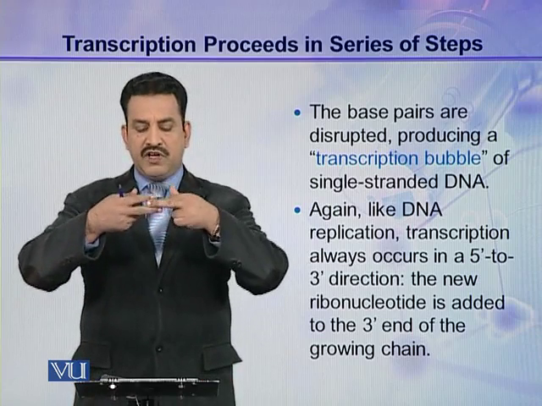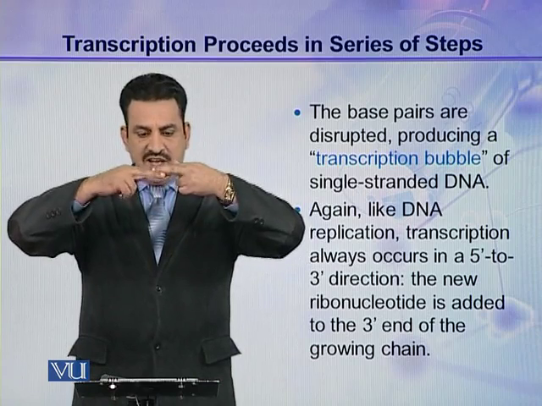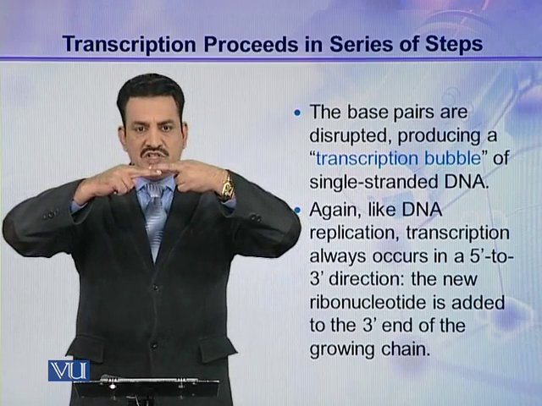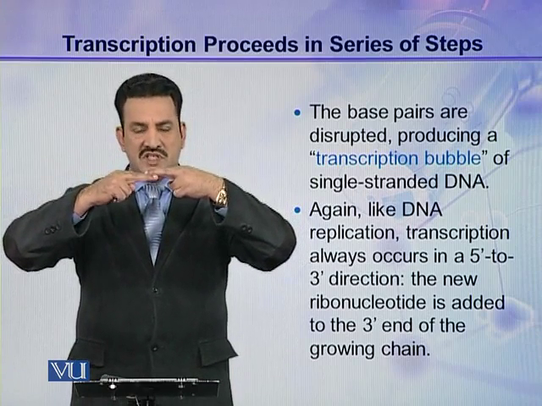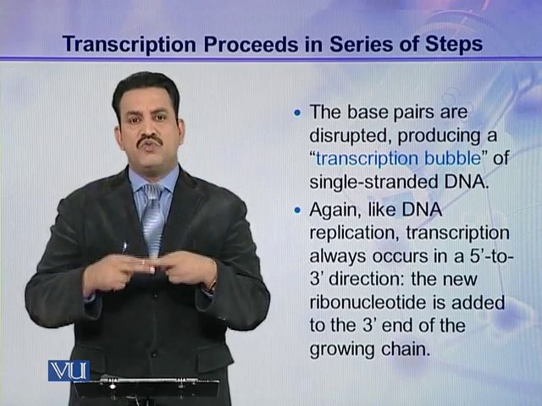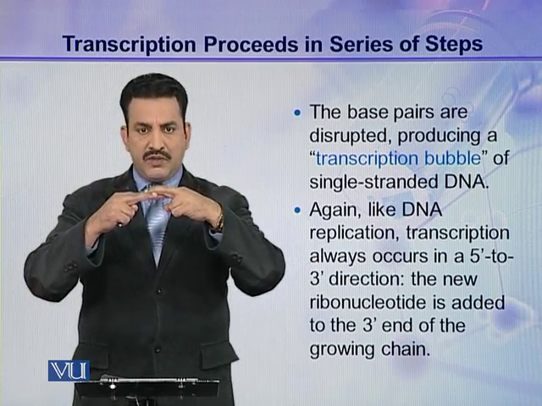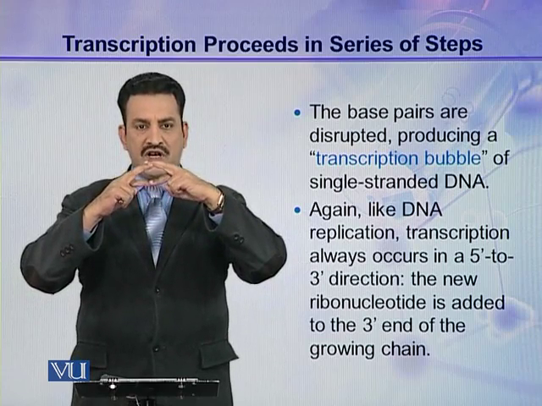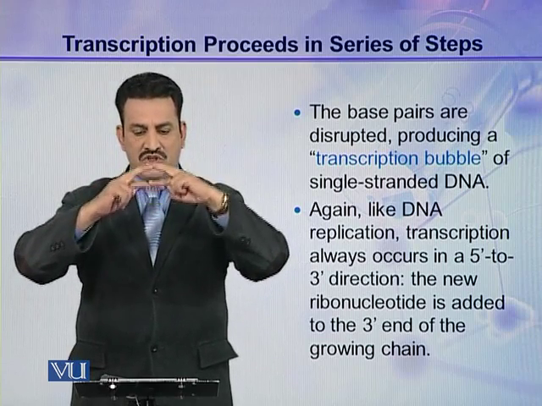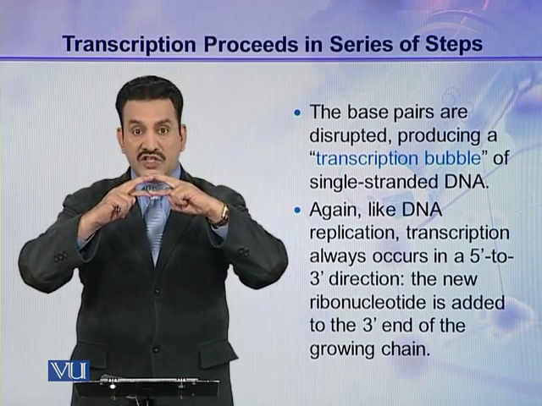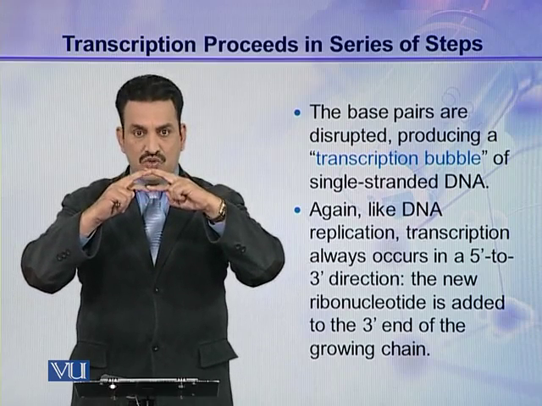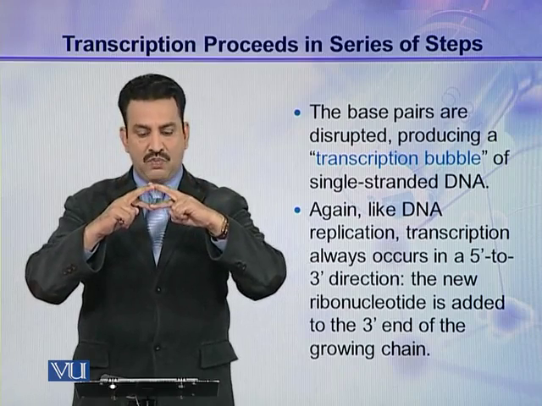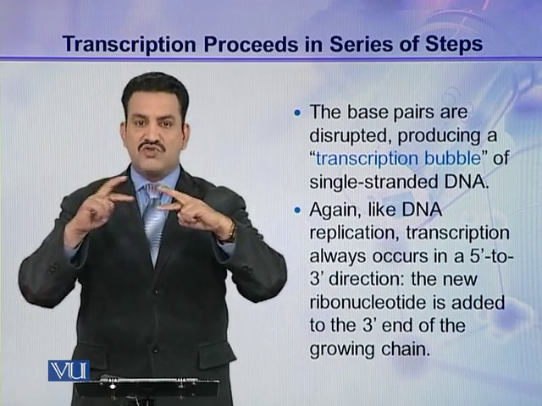So if DNA is helically coiled and double-stranded, from the site where initiation will start, it begins opening up, and after opening it forms a transcription bubble. In this transcription bubble the two DNA strands are open and they are single-stranded DNA.